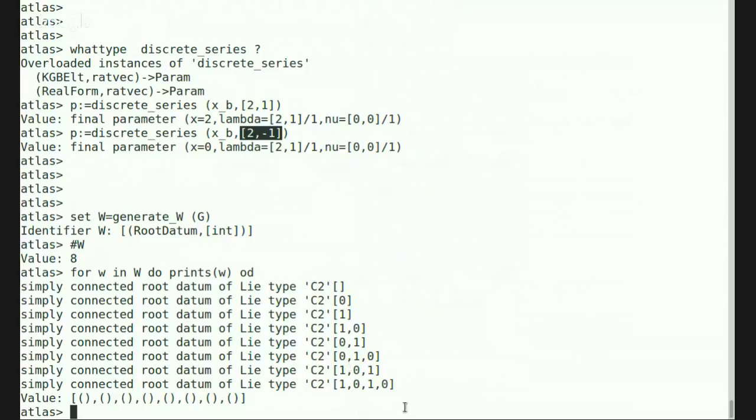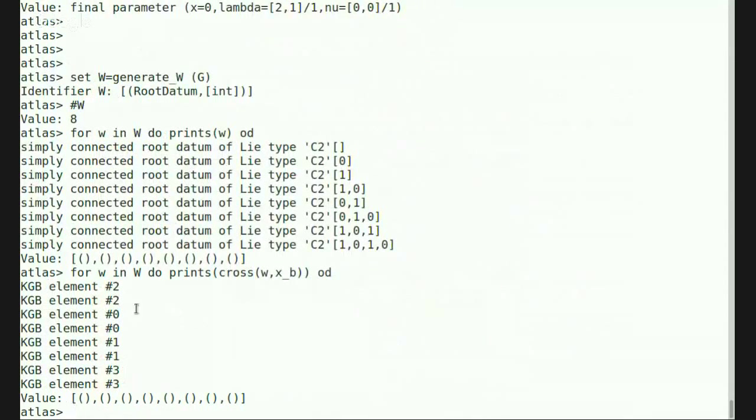And here's the long element of the Weil group at the end. Okay, and let's do the following. For W in W, do printfs the cross action of W on XB.